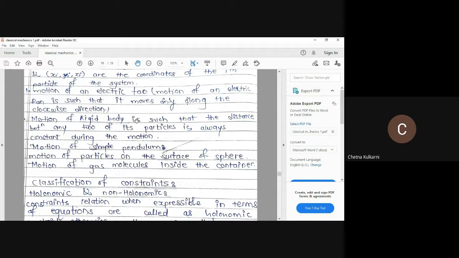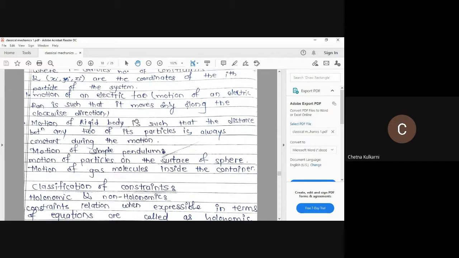They are moving, no doubt. But what is the restriction on the motion of those particles inside the football? They cannot go outside the football unless the football bursts. Only if it breaks or bursts can they go outside, right? So the area for the motion of those particles is fixed, right?